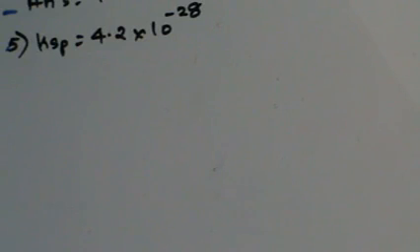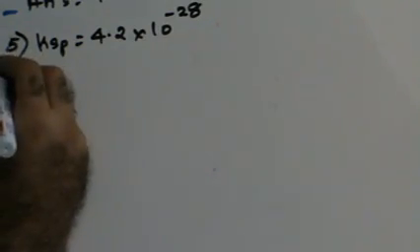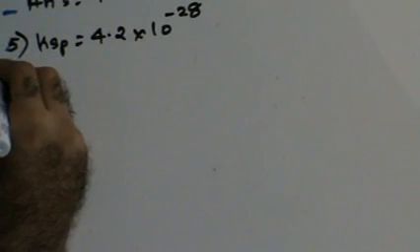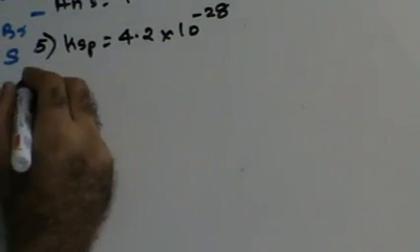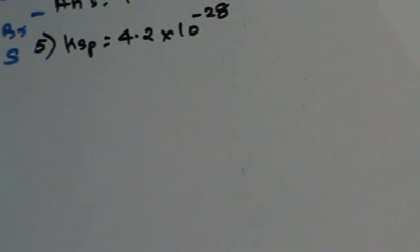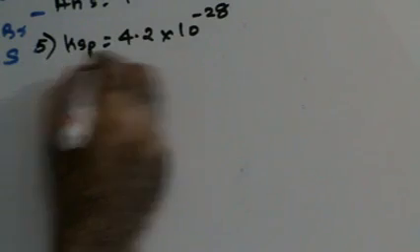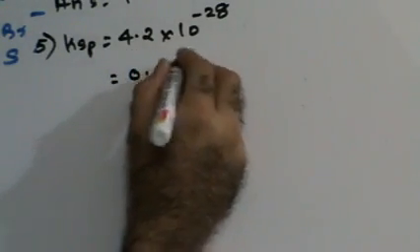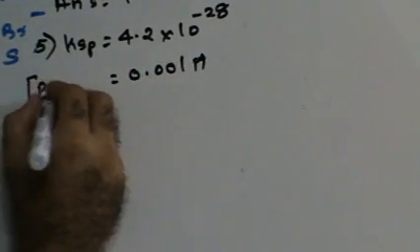At 300 Kelvin, what sulfide ion concentration is required to precipitate lead sulfide from a solution containing 0.001 molar lead ions?